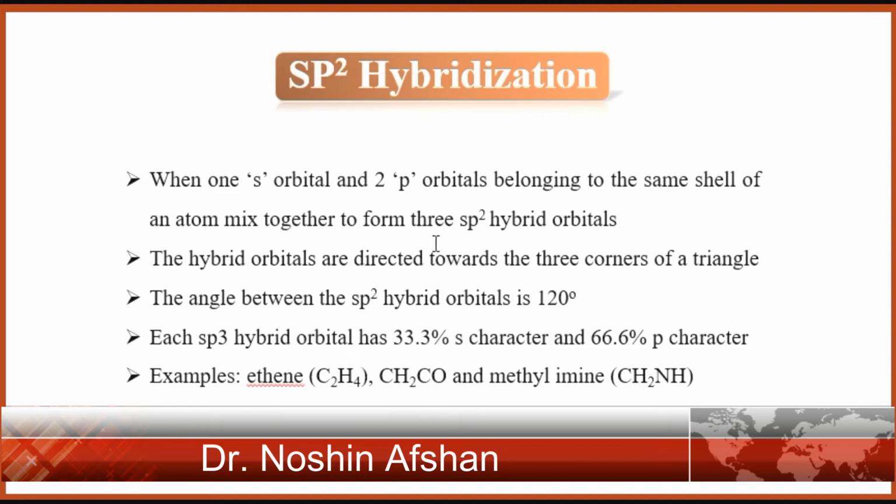So the writing pattern would be that there would be 3 sp2 hybrid orbitals, and these would be directed towards three corners of a triangular shape, making the trigonal planar geometry. And hence the bond angle between every two sp2 hybrid orbitals would be 120 degrees.